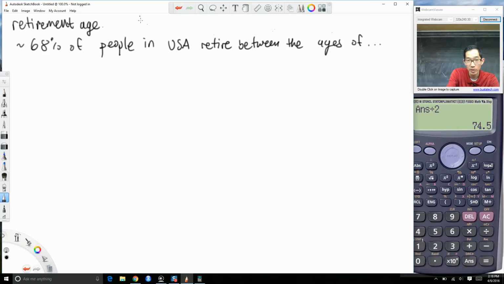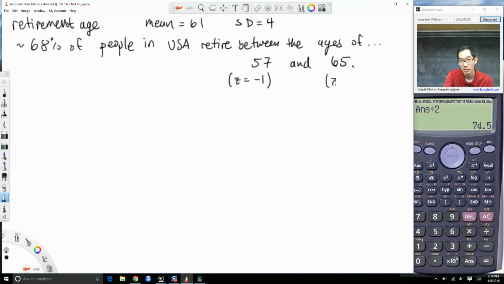We said the mean is 61 and the standard deviation is 4. So 68% of people in the USA retire between the ages of 57 and 65, right? So 57 has z-score equal to -1, 65 has z equal to +1.